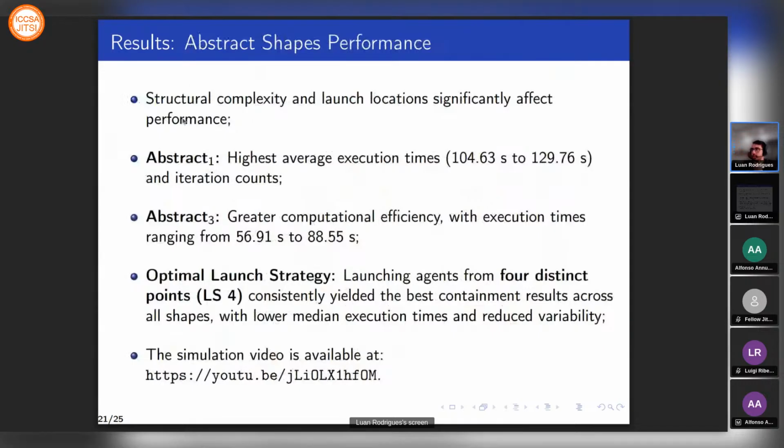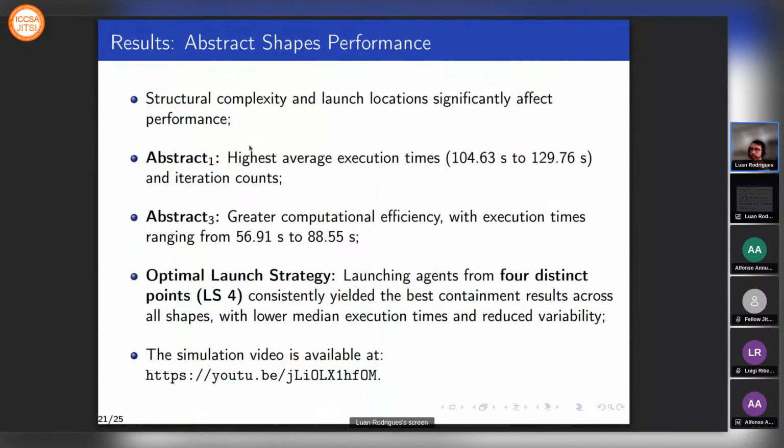Now moving to the abstract shapes, we could realize that the structure and complexity of the shape directly influence the performance of the algorithm and also the launch site location.